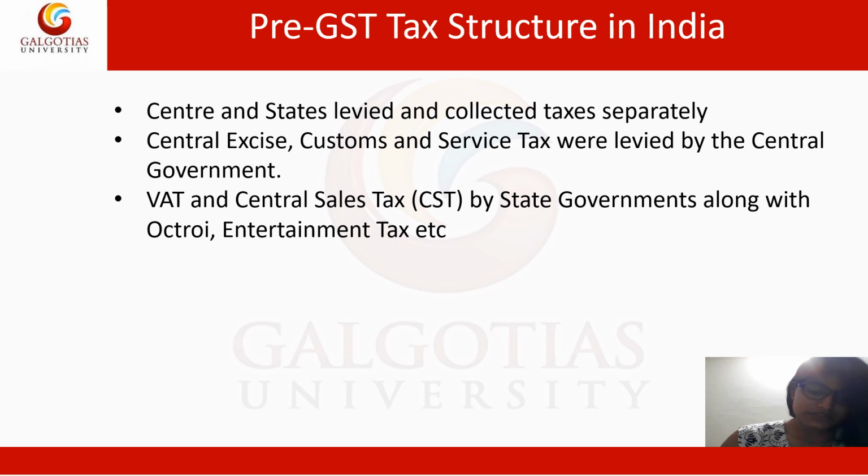In respect of services, only the center had the power to levy and collect taxes. Hence, central excise, customs, and service taxes were the 3 main components of indirect taxes for the central government, while VAT and central sales tax, that is CST, were major taxes for the state government, along with octroi, entertainment tax, etc.